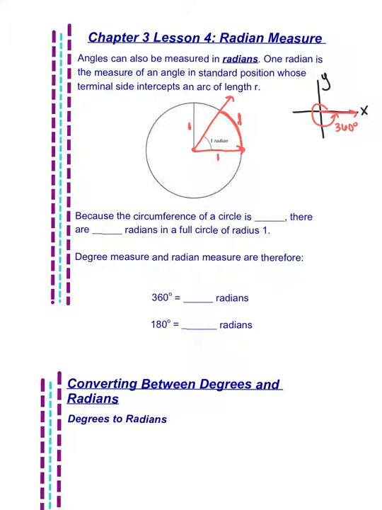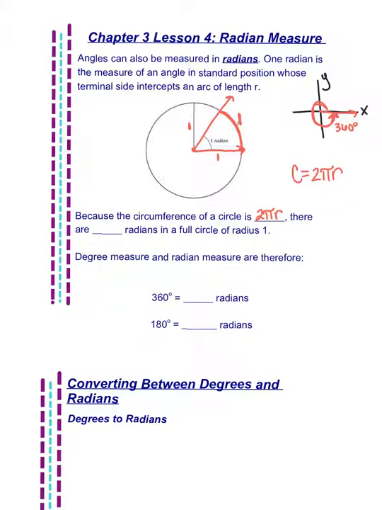So again, a radian is measuring the length of the arc and not the rotation that you're used to per se. So let's discuss circles for a minute. The circumference of a circle is equal to 2 times pi times the radius. You guys remember this, circumference equals 2 pi r, from geometry.